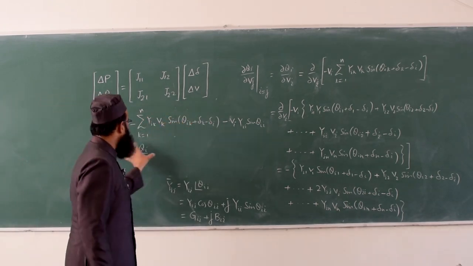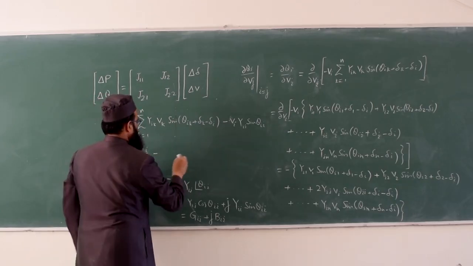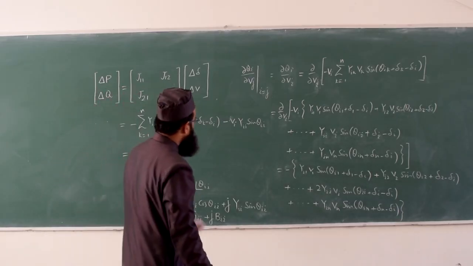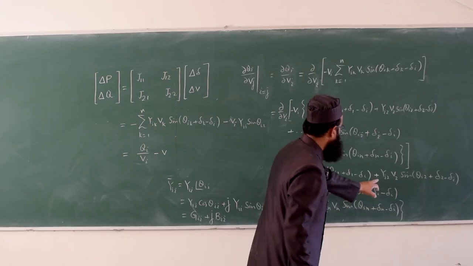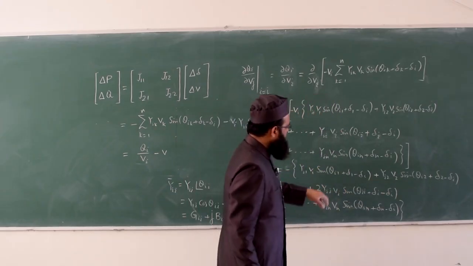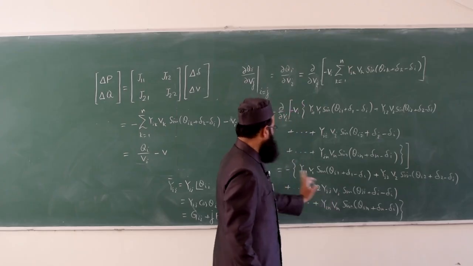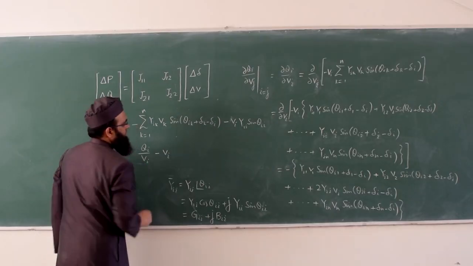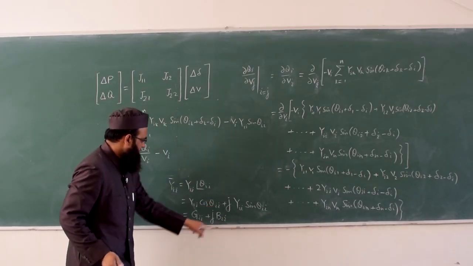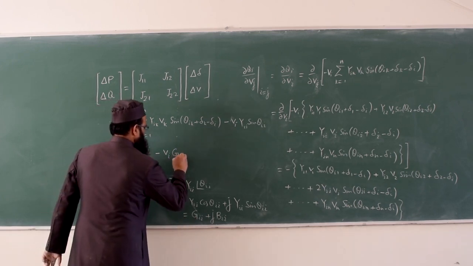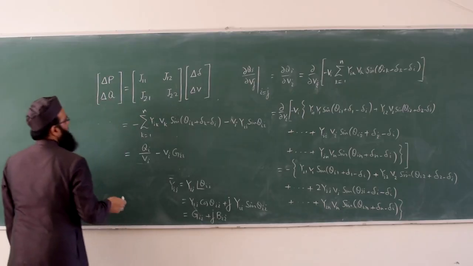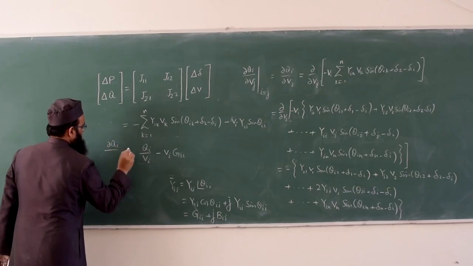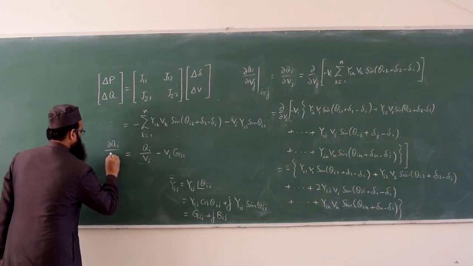This term can be written as Qi upon Vi, and this minus Vi. Again, see something we are missing. Oh no, this time not missing, exactly outside. Okay, fine. So, the ith term is Vi only. So, Vi sin theta ii. So, right here Vi and Yii sin theta ii will be equal to Gii. So, this will be equal to del Qi upon del Vi.